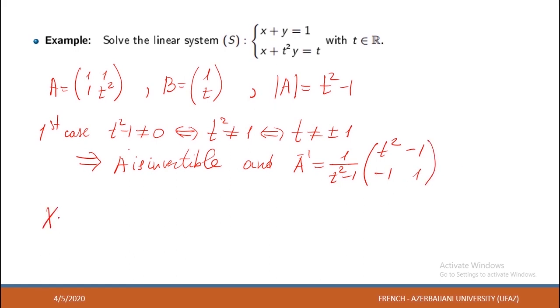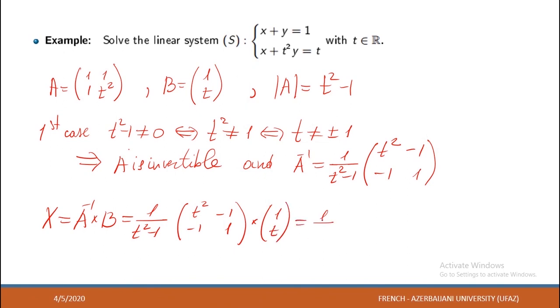The matrix X will be the inverse of A times B, which is equal to 1 over T square minus 1 times the matrix of T square, minus 1, minus 1, 1 multiplied by the matrix of 1, T, which is equal to 1 over T square minus 1 times the matrix of T square minus T minus 1 plus T, which is the matrix of T over T plus 1, 1 over T plus 1.